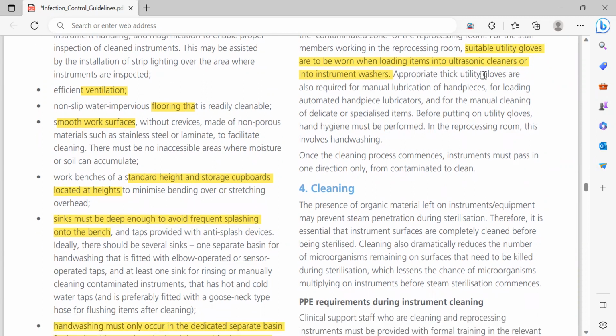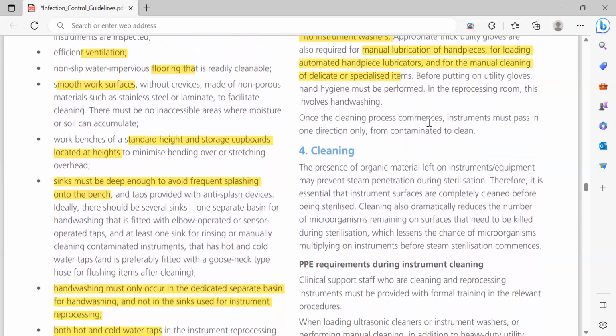And appropriate thick utility gloves are also required for manual lubrication of handpieces, for loading the automated handpiece lubricator, or for the manual cleaning of delicate or specialized items. Once the cleaning process commences, then instruments must pass in one direction only, which is contaminated to clean.